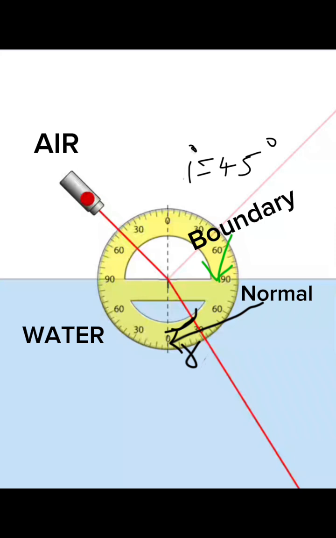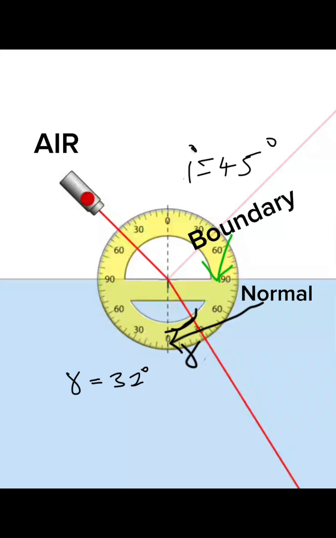Let's see what happens to the refracted angle, which is the angle the refracted ray makes with the normal. Let's measure from this normal towards the refracted ray: 10, 20, 30, about 32 degrees. So the refracted angle is 32 degrees. Let's apply Snell's law to find the refractive index.